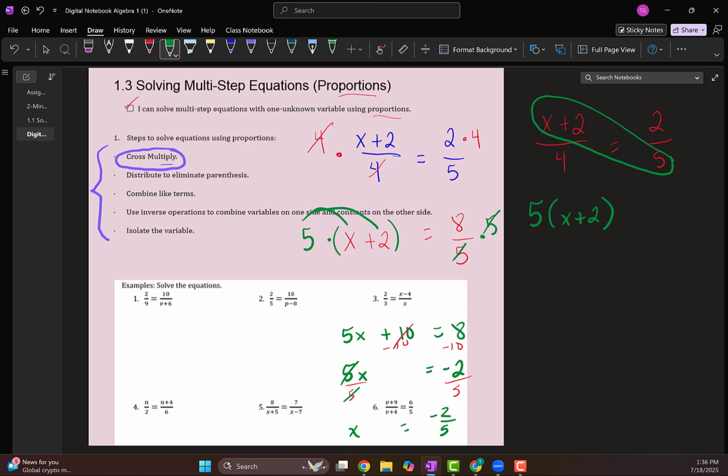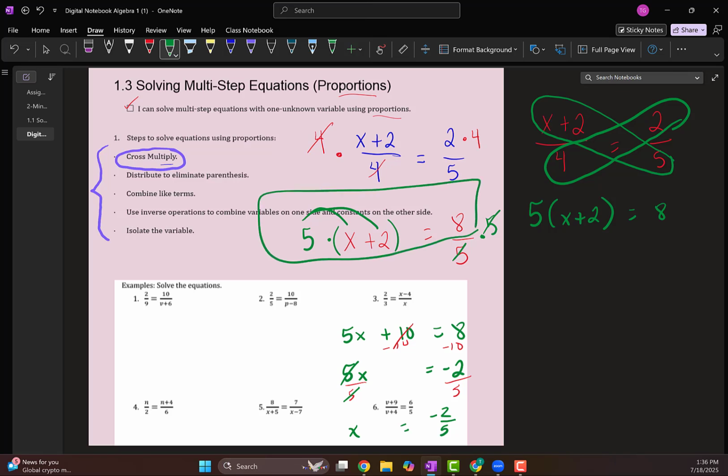Which you'll notice is really what we did over here on the left-hand side. It just took a couple extra steps to get to that point. And on the right side, we're going to multiply diagonally across the other direction. 4 times 2 gives us 8. And now we have exactly this problem right here.